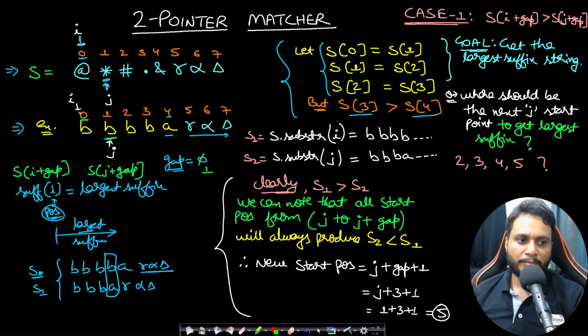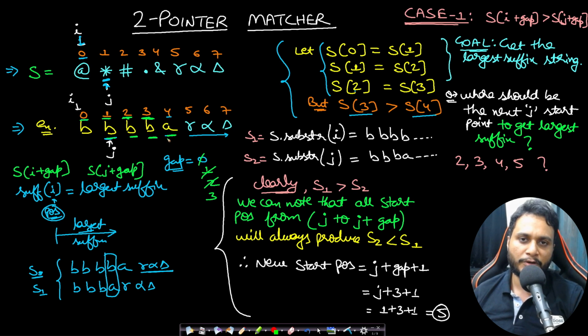So now we are comparing S at 0 plus 1, which is this B, with this B, J plus gap. Okay, they are again matching, so we move the gap size to 2, and we will match this second character with the third character. Again they are matching, increase the gap size, and now I will match this third character with the fourth character.